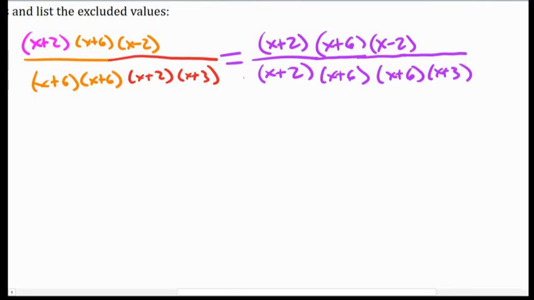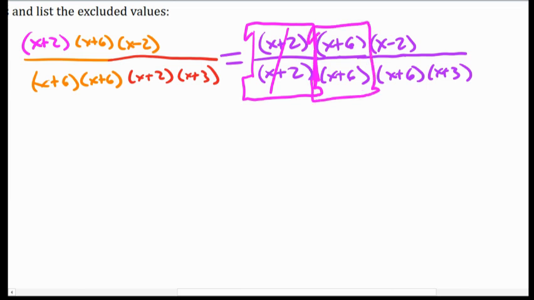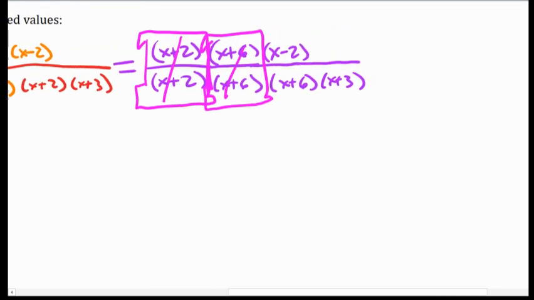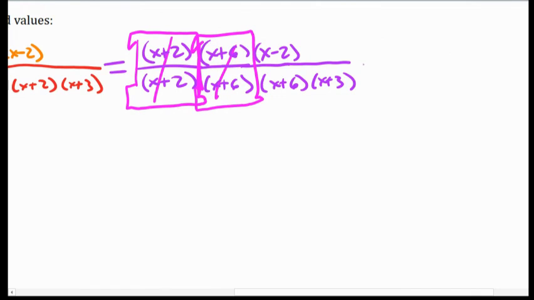Now I can see that x plus 2 divided by itself is just 1. X plus 6 divided by itself is also just 1. And 1 times anything is just that thing. So I can simplify this down to x minus 2 over x plus 6 times x plus 3.